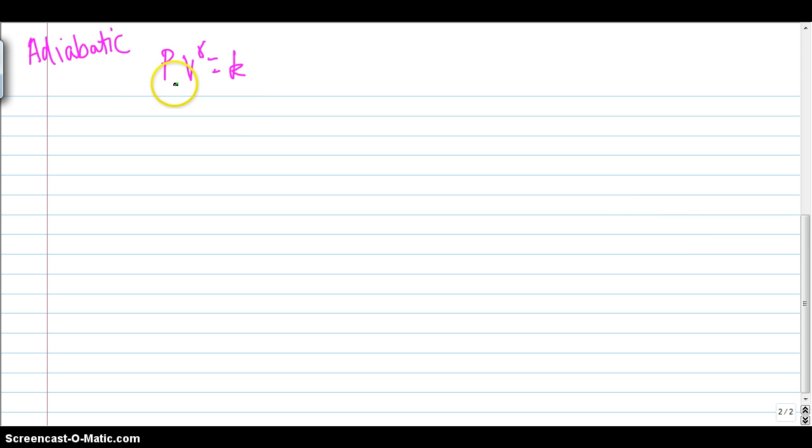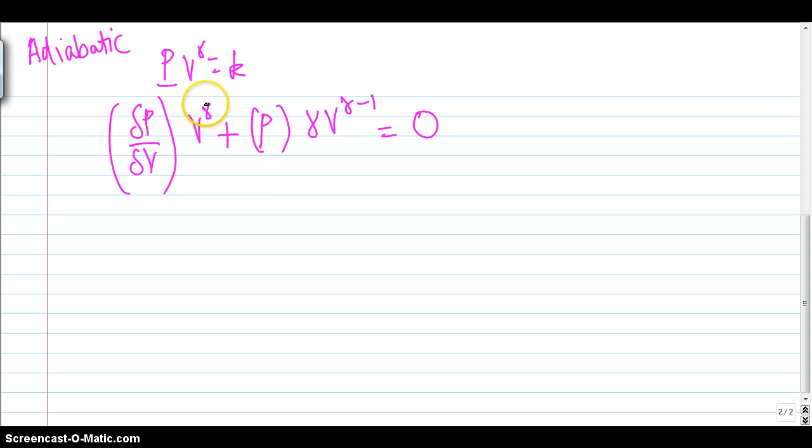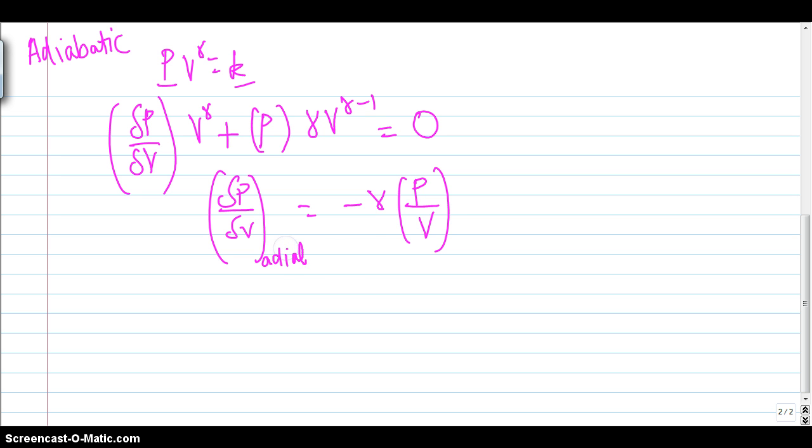You start off by taking the derivative of each component: first this, differentiated with respect to volume, V to the gamma, and then you have P as it is, times gamma V^(gamma minus 1), equal to 0, since the constant is 0. After you go through the mathematics, you arrive at the slope of an adiabatic.